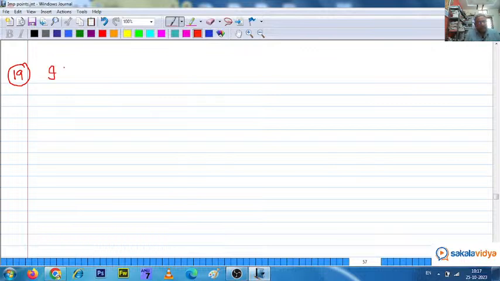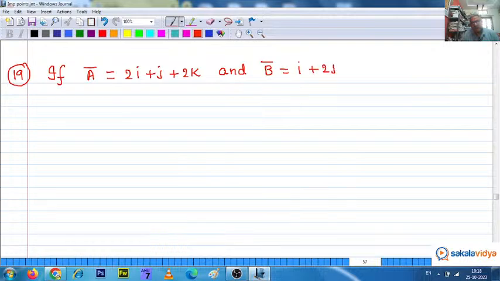If a bar equals 2i plus j plus 2k and b is equal to i plus 2j plus 3k, form two sides of a triangle.